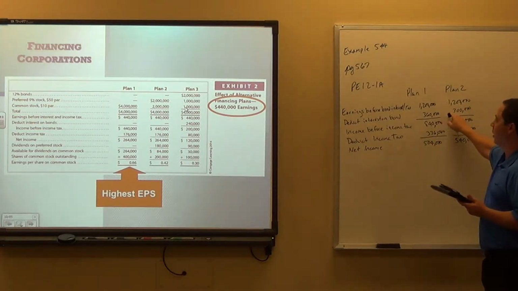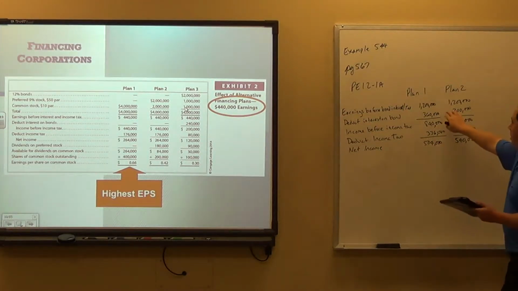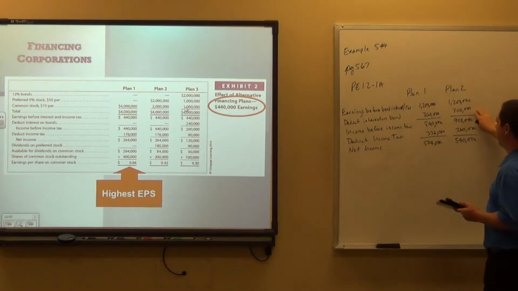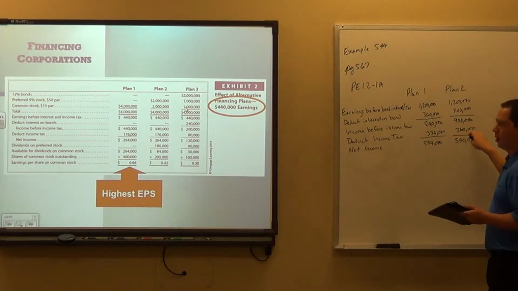So to get this here, we took 6% of the 6 million, because that was the total debt financing there. This one was 6% of the 5 million. And then your income tax, remember, is 40%, so we take 40% of each of these to get this number here.